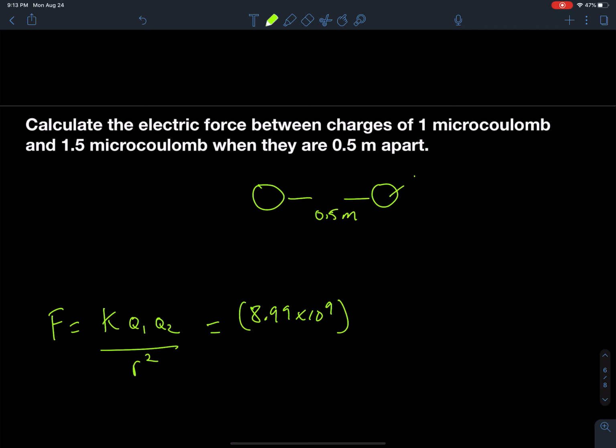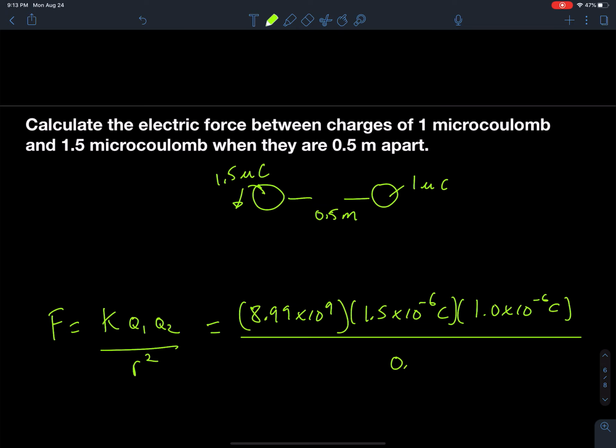That object is 1 microcoulomb, and this object is 1.5 microcoulombs. All right, so what's a micro? Now, if you go to your data booklet, you'd find a micro is times 10 to the minus 6. So 1.5 times 10 to the minus 6 coulombs, and you'd have 1.0 times 10 to the minus 6 coulombs divided by 0.5 meters squared.